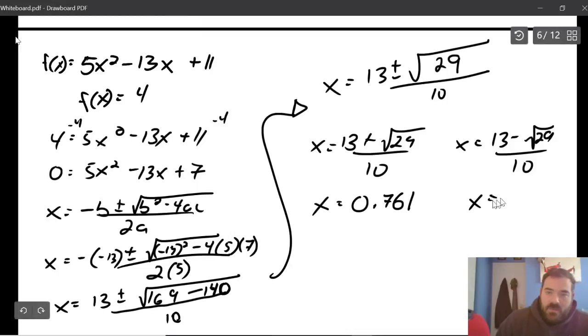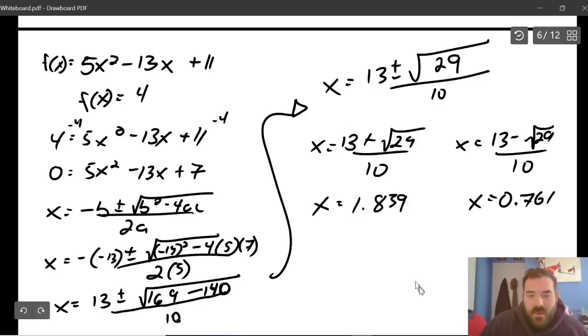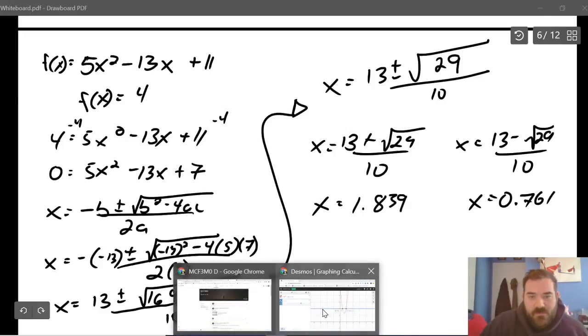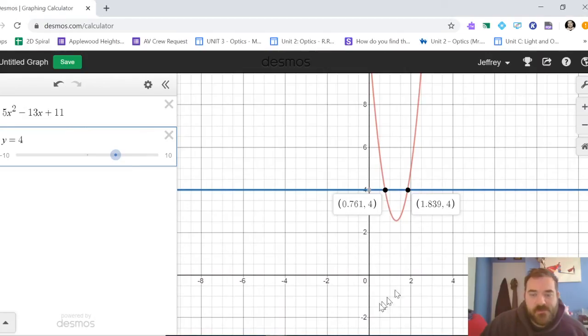This is 0.761, and this is with the addition, and it's going to give me 1.839 rounded. Let's double check that with Desmos. Yeah, pretty good.